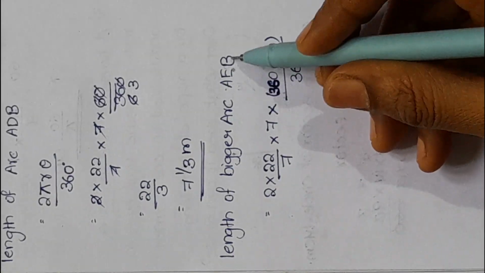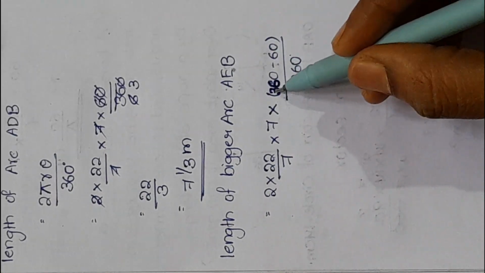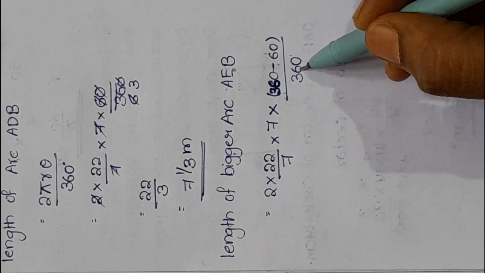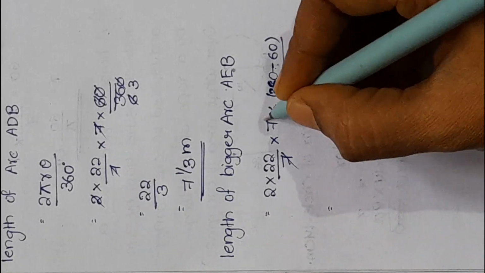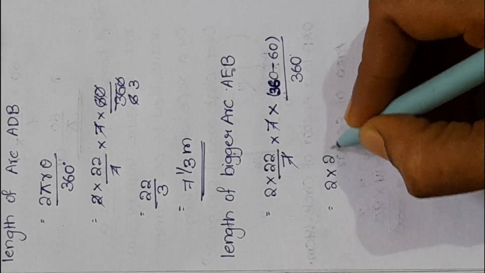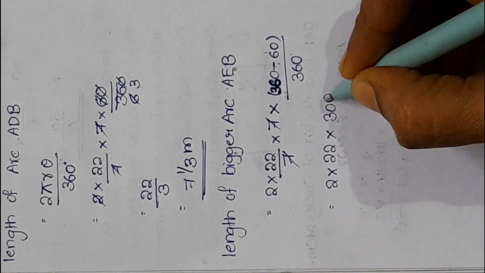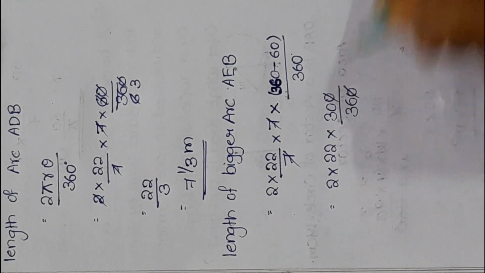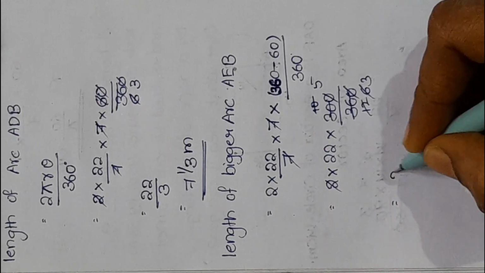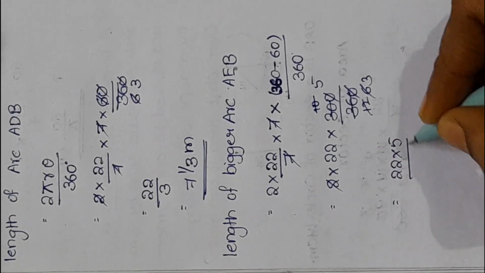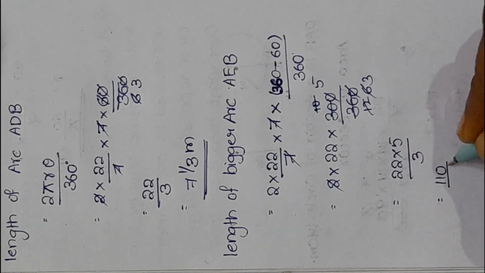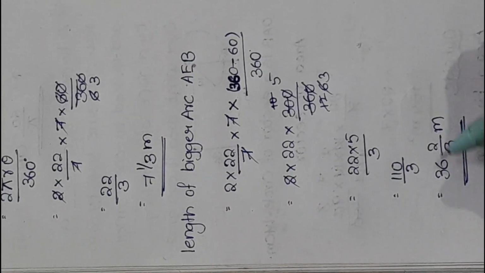Length of the bigger arc AEB is 2 pi r into 360 degrees minus 60 degrees by 360 degrees. On cancellation, 2 into 22 into 300 by 360. On cancellation, 22 into 5 by 3, that is 110 by 3, which is 36 2 by 3 meters, the length of the bigger arc.